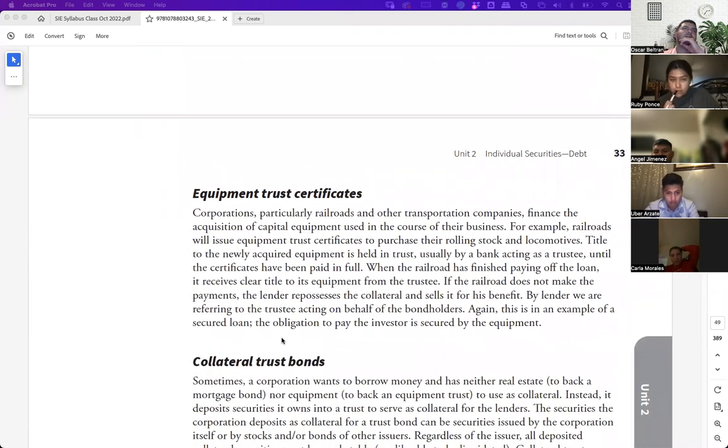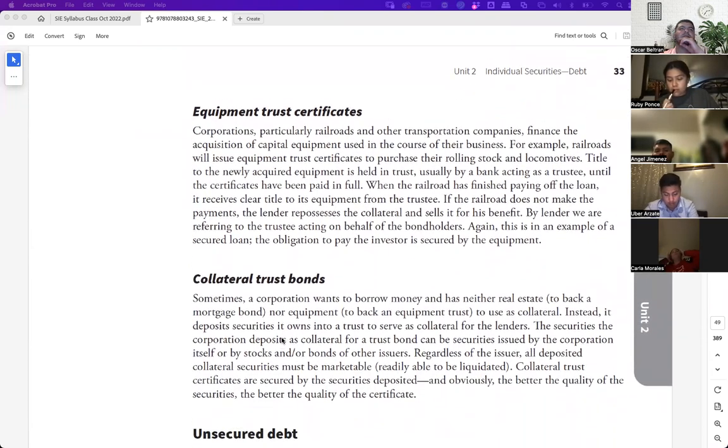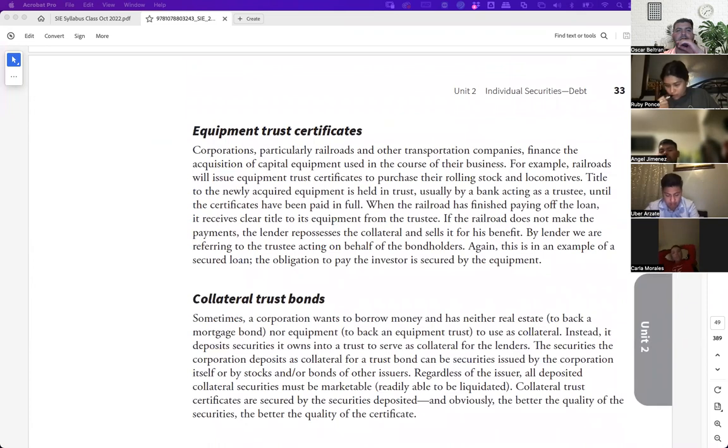All right, so here it talks about equipment trust certificates. Let's say that you work at BNF. You're like, what's BNF? BNF is a railroad company. Let's say they go to the bank, and the bank says, all right, cool, we're going to buy your equipment, and the bank is going to own the lease of your current engines.